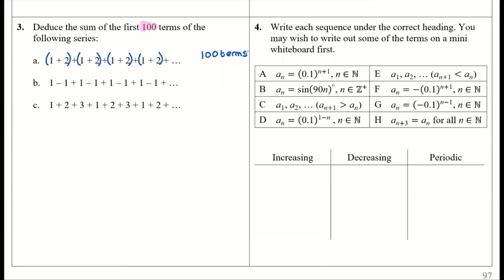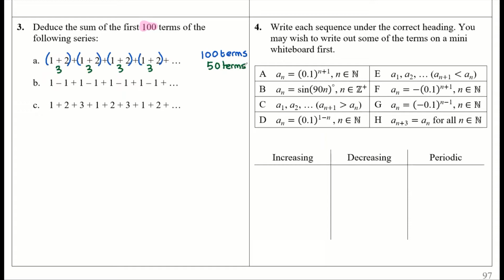But if I partition them into 2, I can combine those into groups of 3, and they're going to be half as many. So this is, of course, worth 3, and rather than being 100, we're now going to drop down to 50 terms. So we've actually got 50 lots of 3.